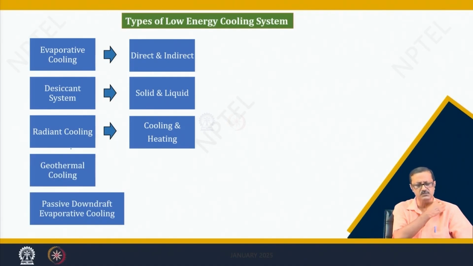Of course, passive downdraft evaporative cooling is one type of evaporative cooling system also. So, we will discuss passive downdraft evaporative cooling in the next lecture, and today we are going to discuss geothermal cooling systems. Now, let us see the first two, desiccant and evaporative cooling.